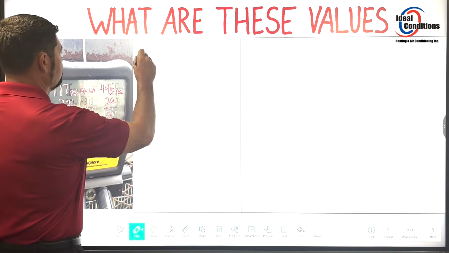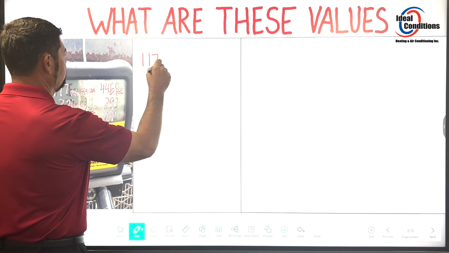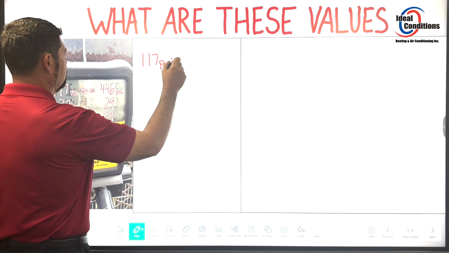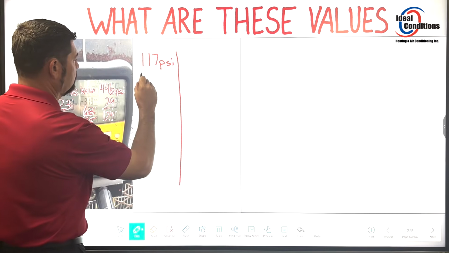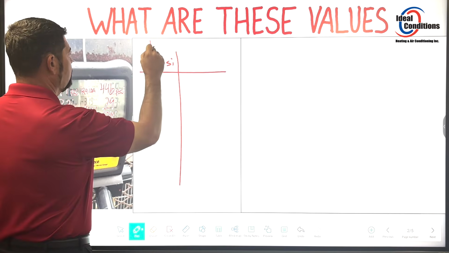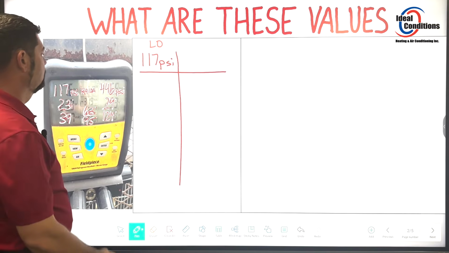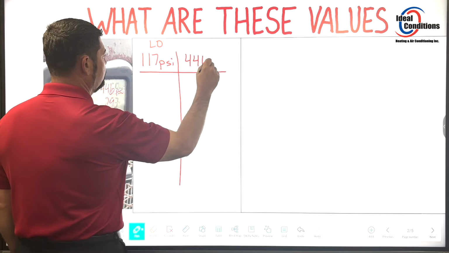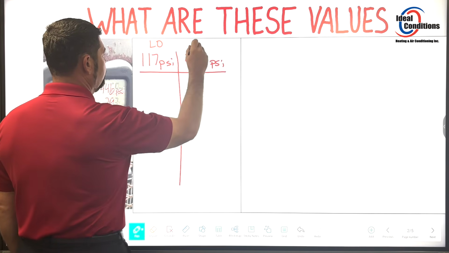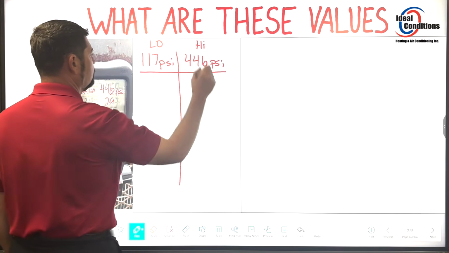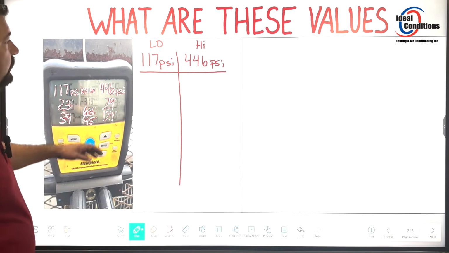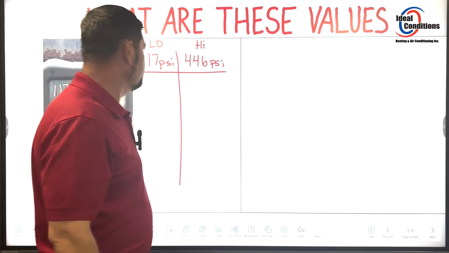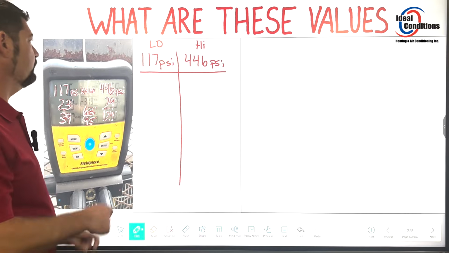So we'll come over here and let's look at some of these values and move this out of the way so I have more room to write. All right, so I've got 117 PSI. That's my low side. I've got 446 PSI. That's my high side. You're already going to say, oh, it's a restriction. Okay, well, what if it's also overcharged?